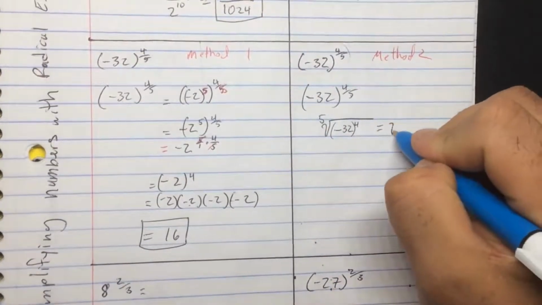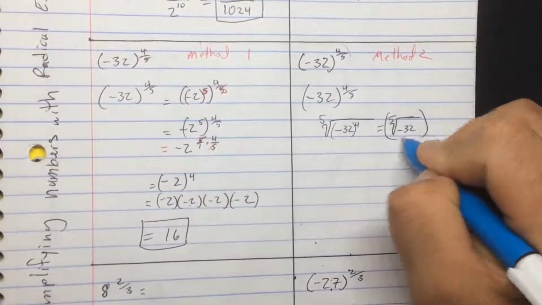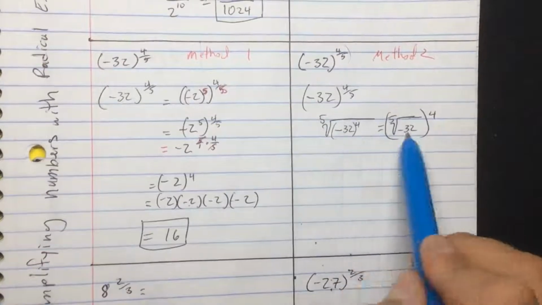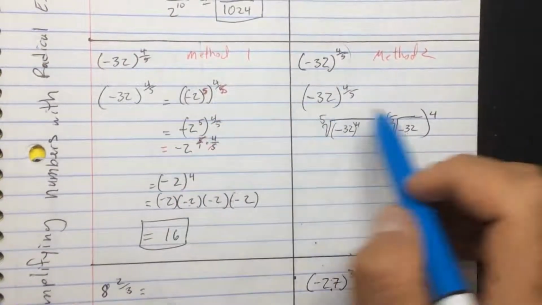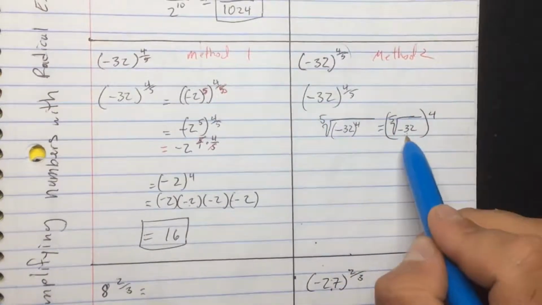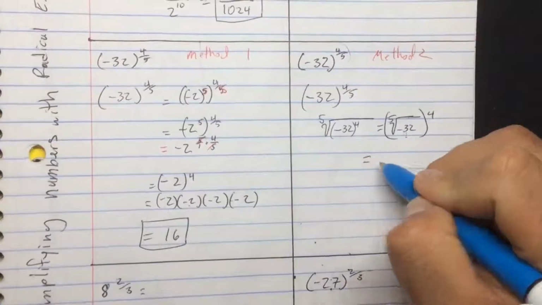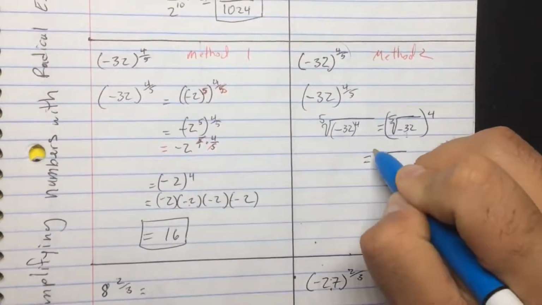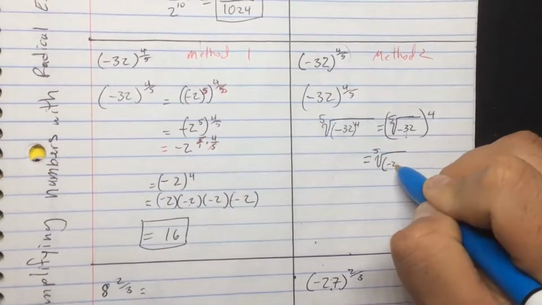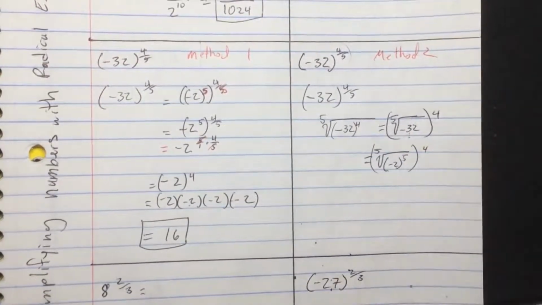We're going to make this equal to the 5th root of negative 32 to the 4th power, because remember, these are equal. And I know that negative 32 is negative 2 to the 5th power, because we just did that, right? So we're going to change this to the 5th root of negative 2 to the 5th power, all to the 4th power.